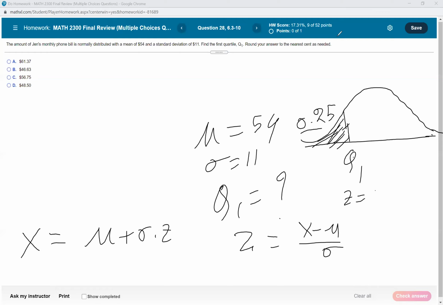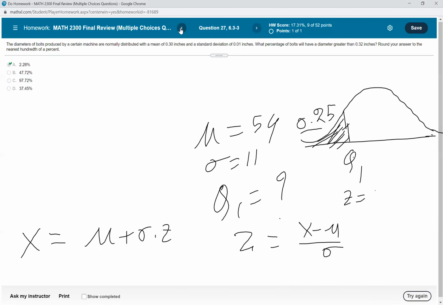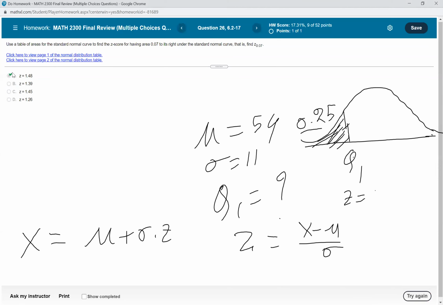Or I can also show you. We need to find the z score corresponding to 0.25. So look at the z table.